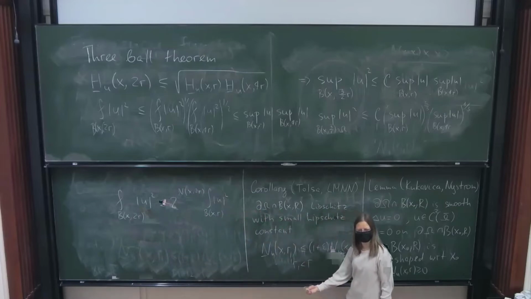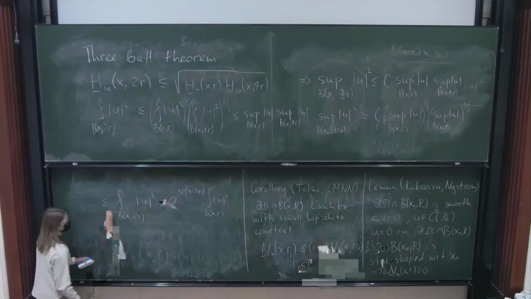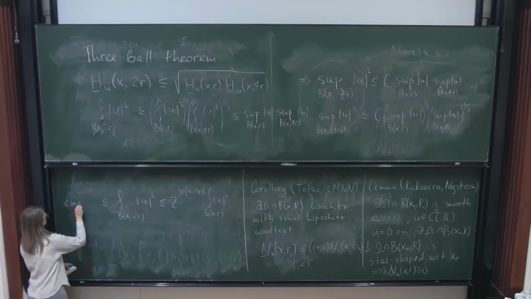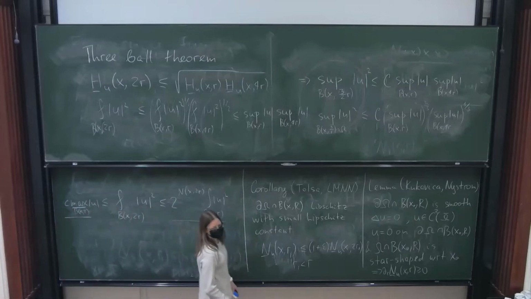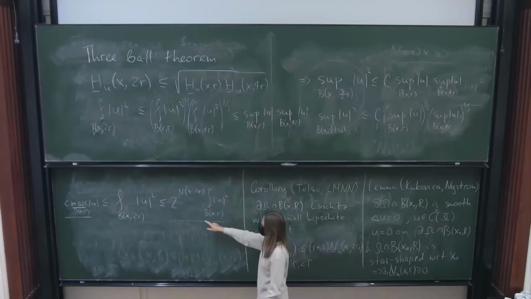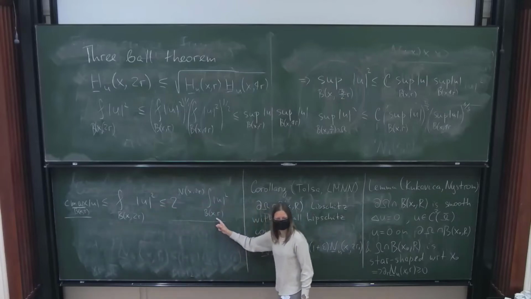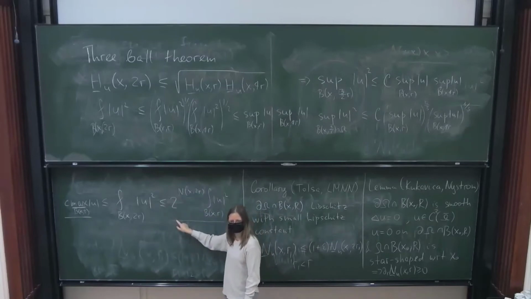As I mentioned, for analytic solutions we can bound this average from below by the maximum on the small ball. Then what you get here is the reverse Hölder inequality, with the infinity norm of the function and a coefficient that depends on the frequency.